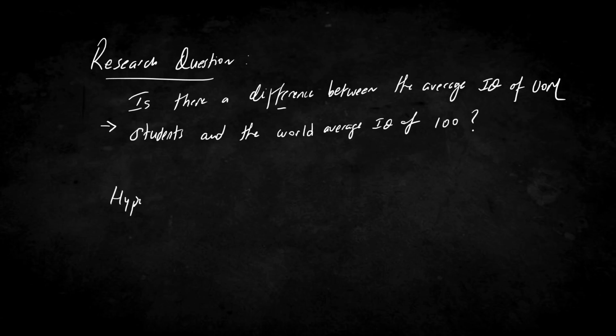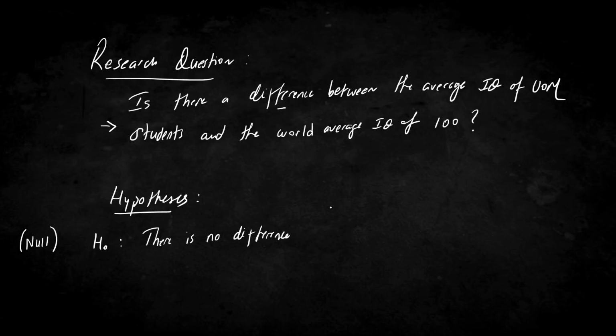So our hypothesis would be, so H naught, which is always the hypothesis of no effect, our assumption, the null hypothesis, as we call it, our assumption would be there is no difference between the average IQ of UM students and the world average of 100.